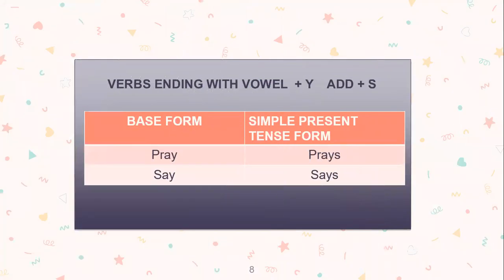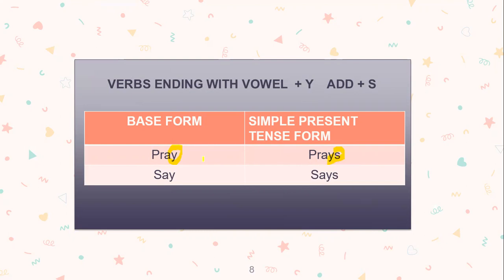Now the verbs, action words, that end with a vowel plus y, like pray, p-r-a-y. It ends with the vowel a and y. If the verb is ending with a vowel plus y, then you need to add s.